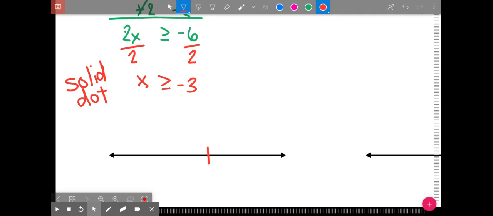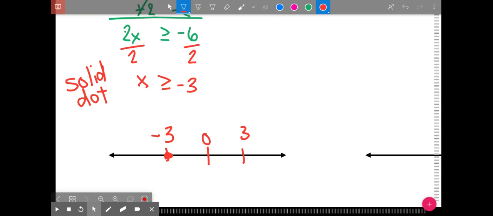So I'm going to show you where 0 is. Here's +3. Here's -3. I'm going to put a solid dot on -3. And then I want to shade greater than. So does everybody agree that 3 is greater than -3?